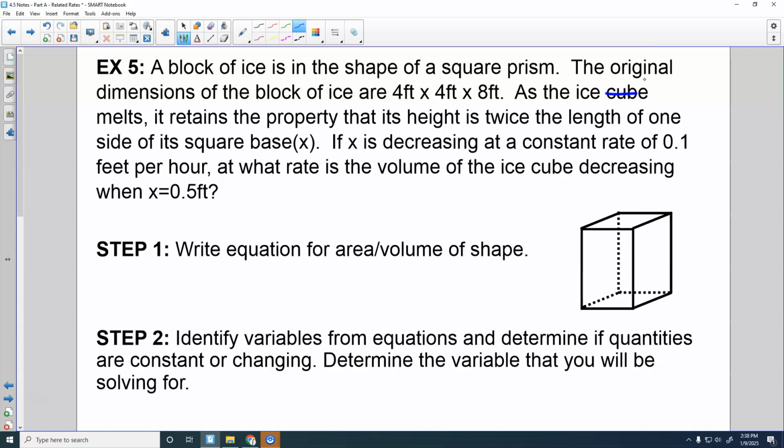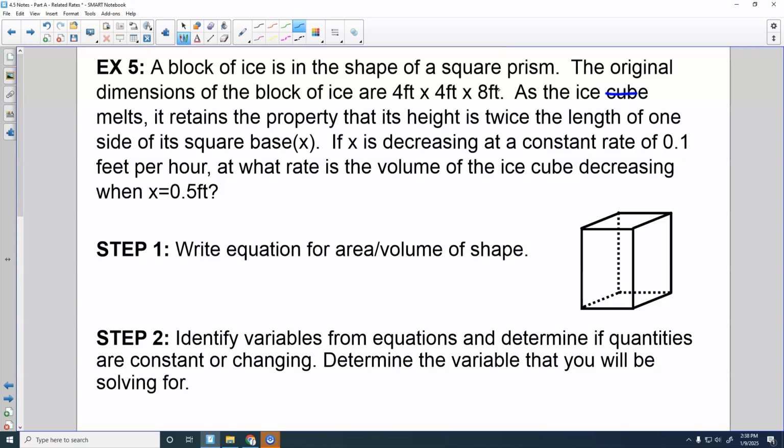It's just like shrinking, right? So does the base stay 4 by 4? It's not. It's going to get smaller, and the height does not stay 8. It gets smaller. So everything's changing here. Your 4 by 4 by 8 is not used in the problem. It's just extra information that you'll have here.